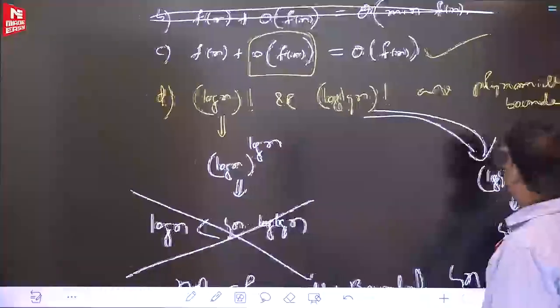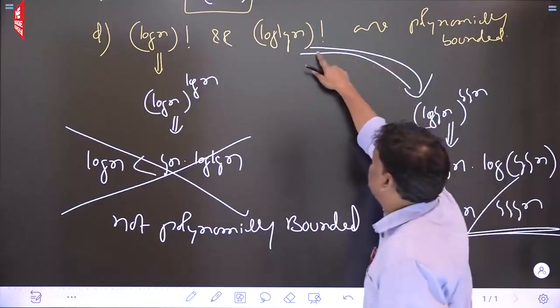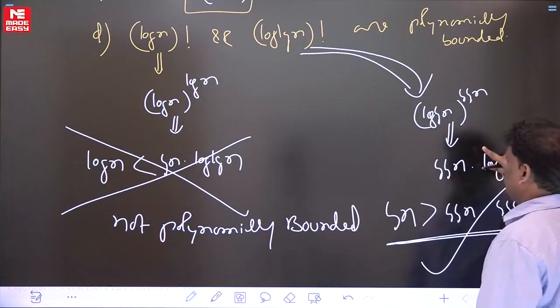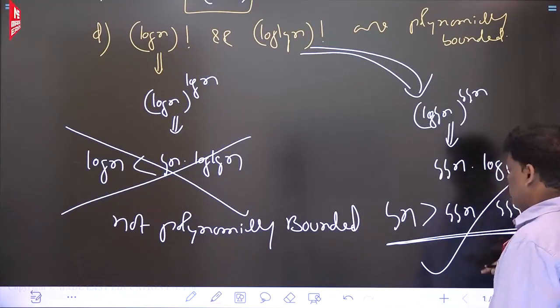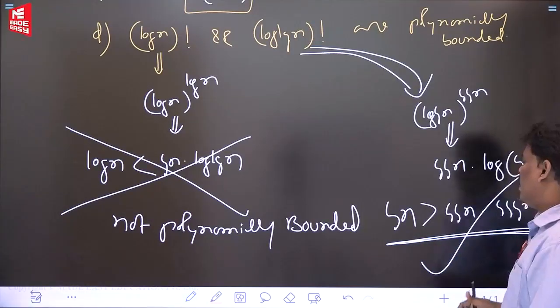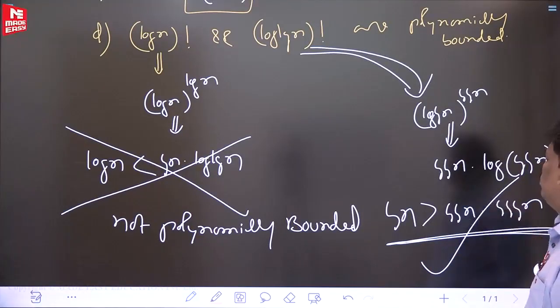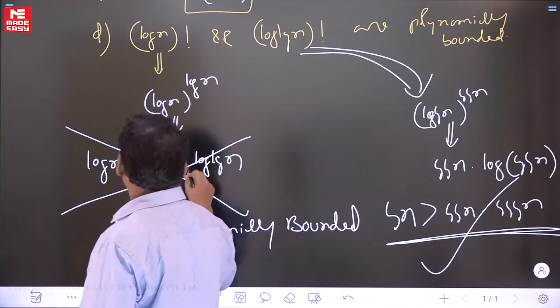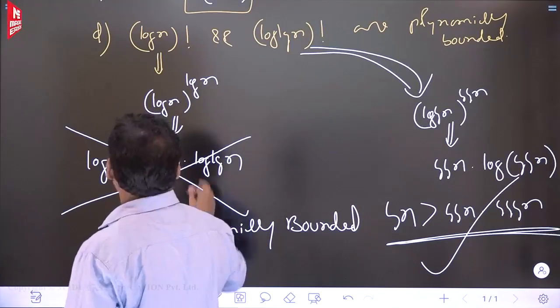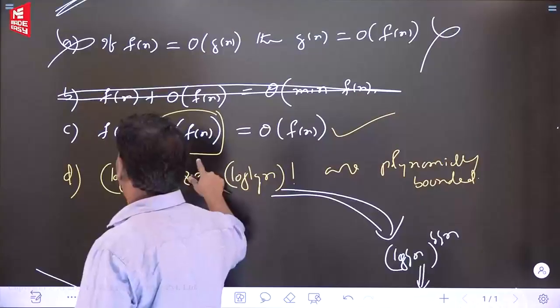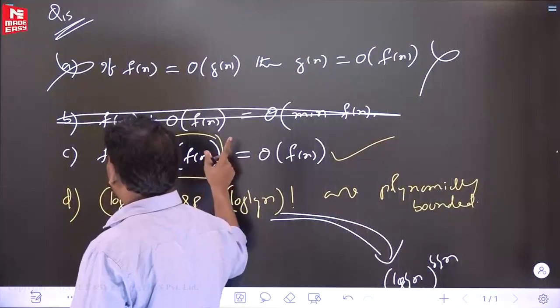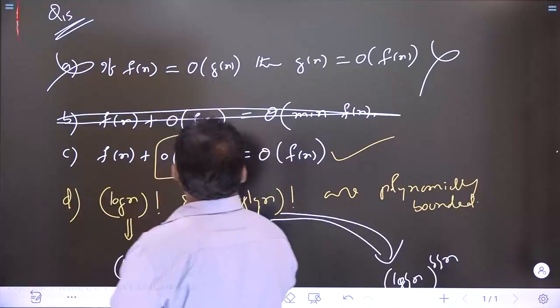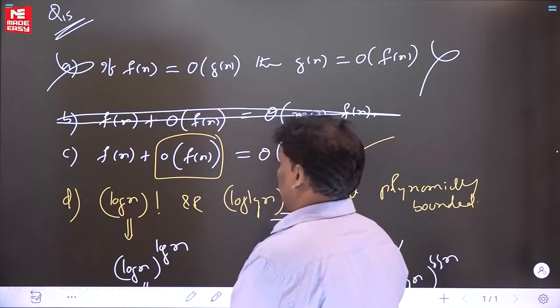Log n factorial is polynomially bounded, because for the expression I took the closest upper bound, applied the log, and found that log n is greater than this one. If it had been more than log n, it would not be polynomially bounded. Now let's see the next problem. Problem number 15. Option A is wrong, because the big O notation symmetric property is not possible.